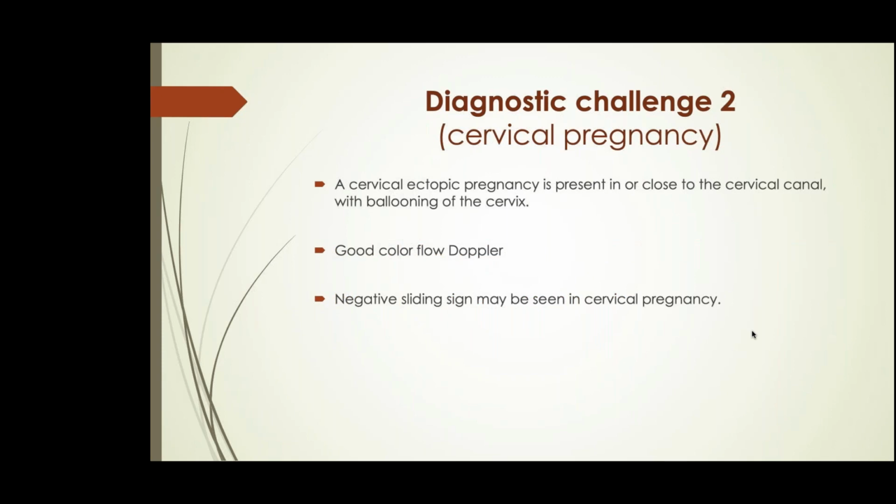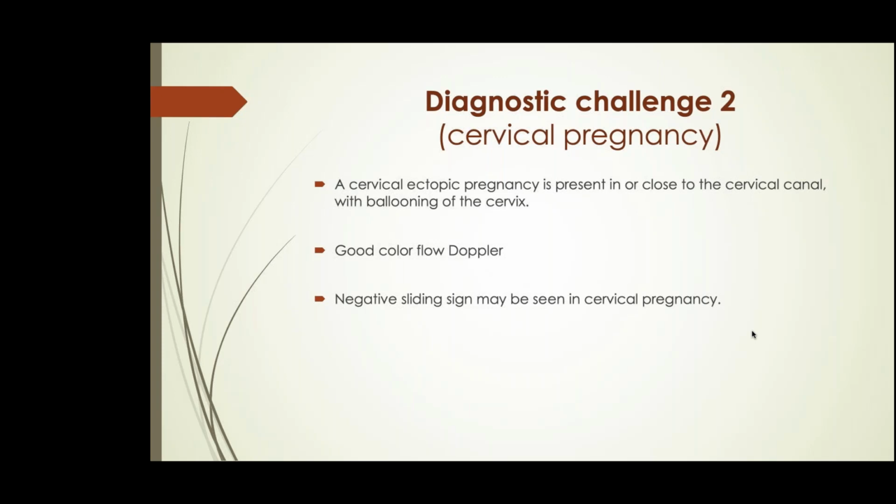The second one, the cervical pregnancy, will be present in or close to the cervical canal with ballooning of the cervix. The most important thing which differentiates cervical pregnancy from cesarean section scar is the ballooning of the cervix. The cervix will be enlarged, ballooned, not like a tube.